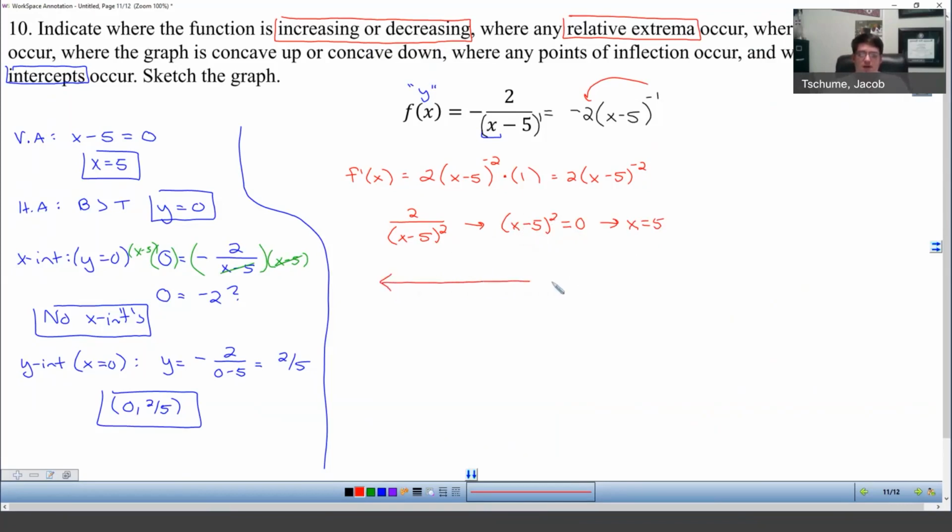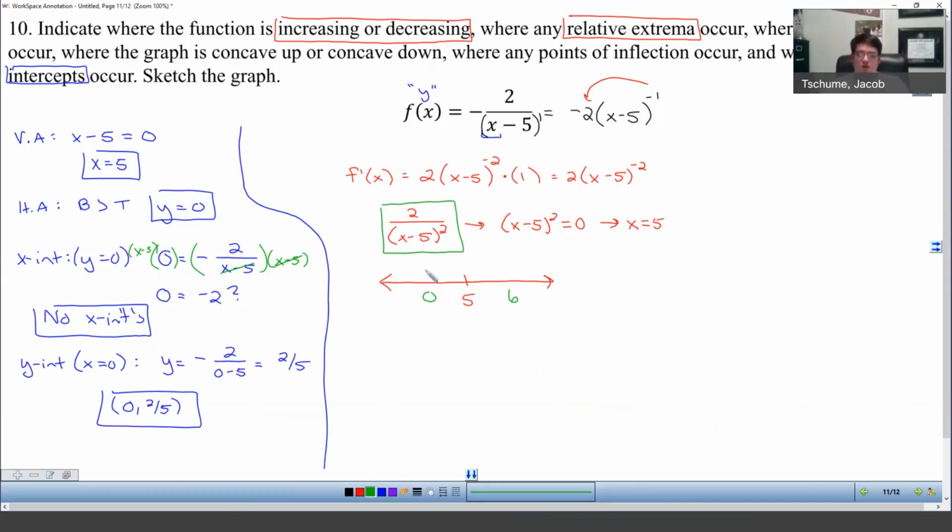I am then going to draw a number line and plot 5 right in the middle. I'm going to pick out some test values. So how about I pick 0 for the left-hand side and 6 for the right, and I'm going to plug both of those into the first derivative.